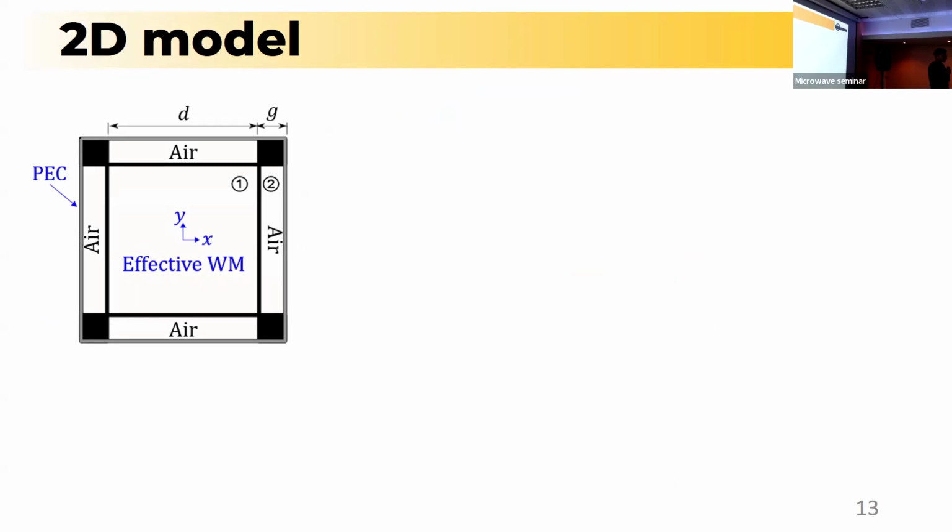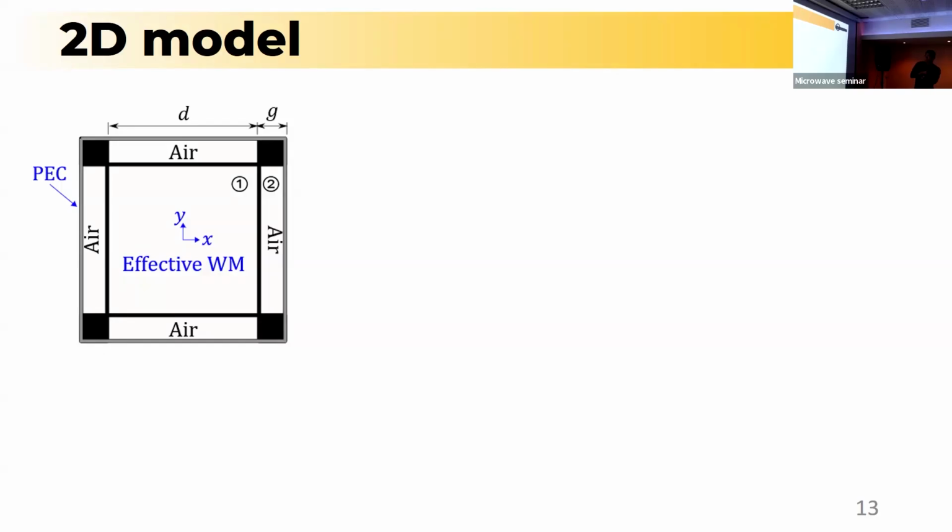So we can approximate the solution of a 2D problem with the combination of the solutions of the 1D problem, ignoring the edges. Basically we are going to have an inner region, number 1, including the effective wire media, and an outer region, including the air in the Y and X direction, ignoring the corners.